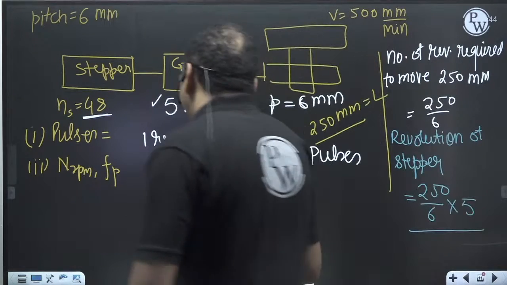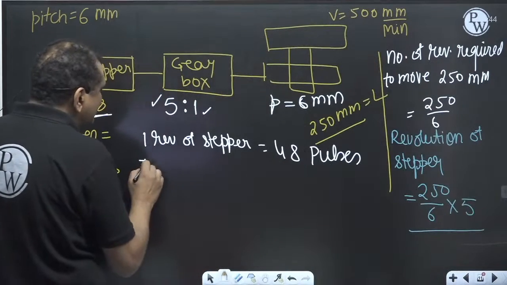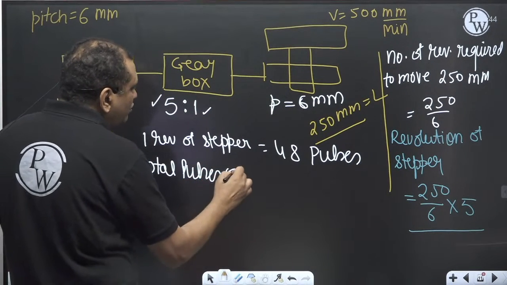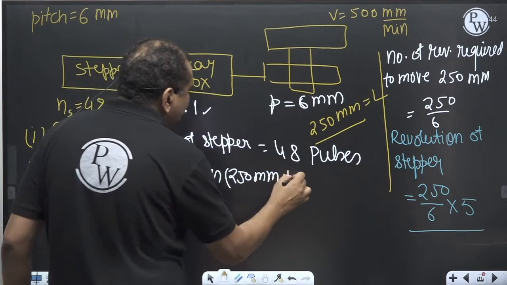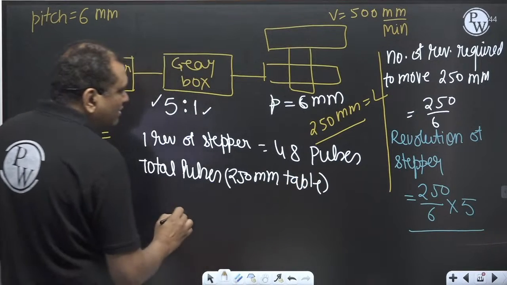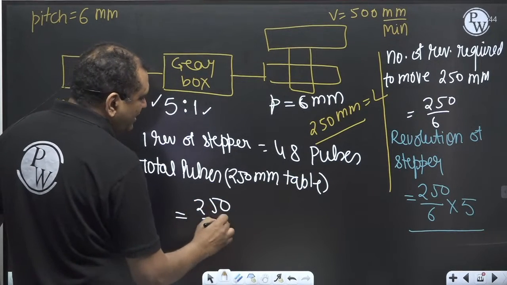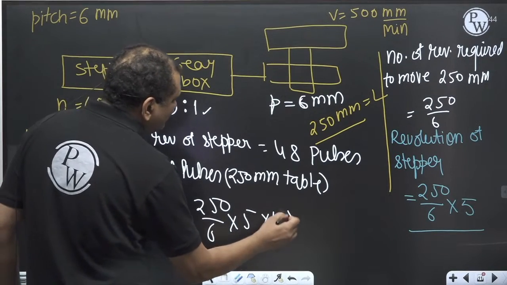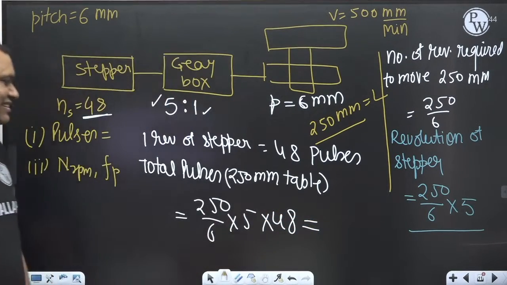So now the total pulses required to move the 250 millimeter table is equal to 250 by 6 into 5 into 48. Give me the answer.